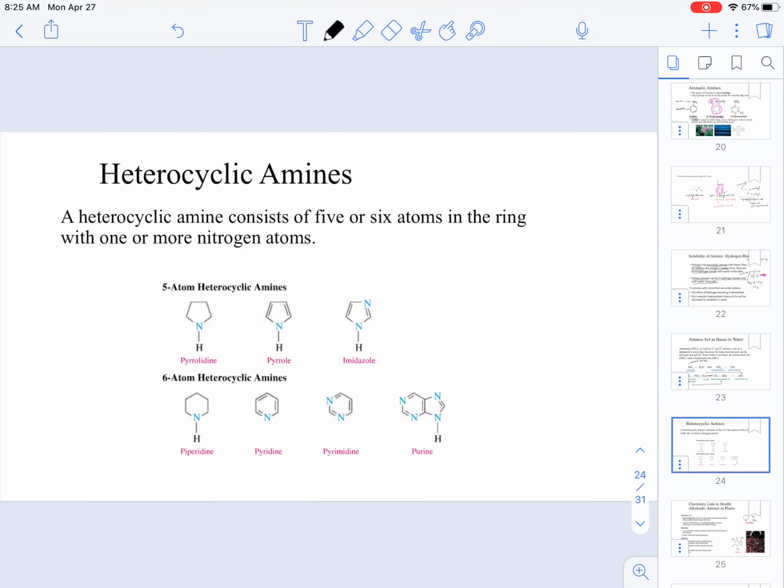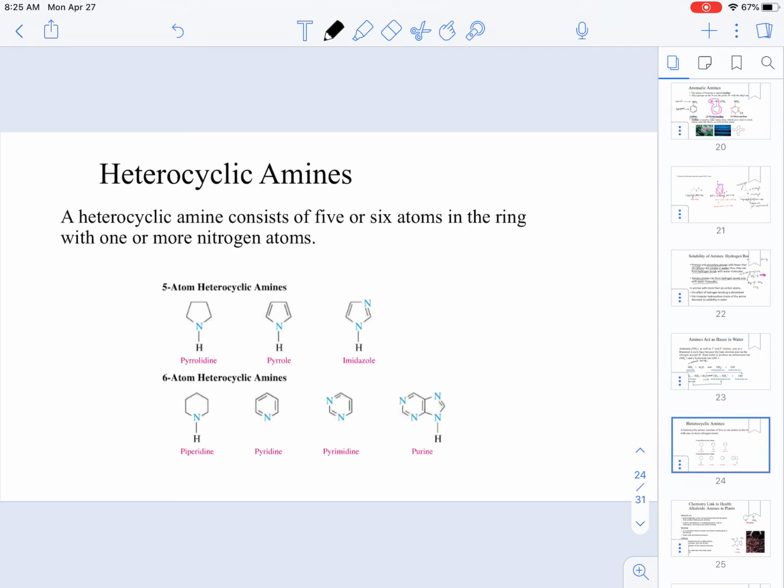Amines are not only straight chains, they also are heterocyclic. So heterocyclic amines is that within the cyclic system, nitrogen is part of the structure. So in this slide, we have examples of heterocyclic amines. I do not require you guys to memorize these structures.